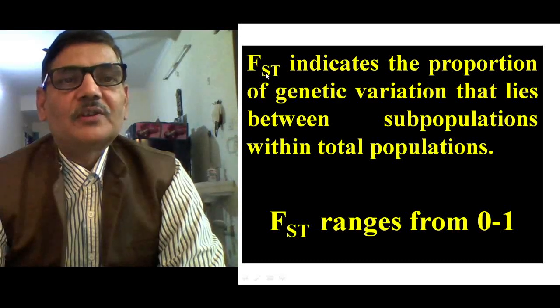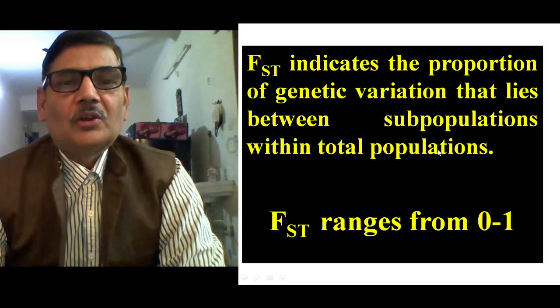And this FST, as I just said, indicates the proportion of genetic variation that lies between or among subpopulations within the total population. It ranges from 0 to 1.